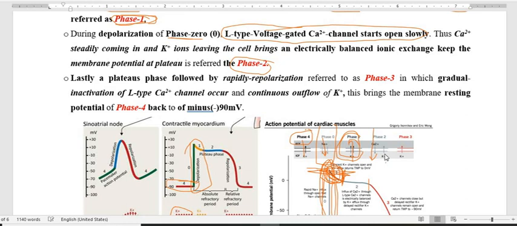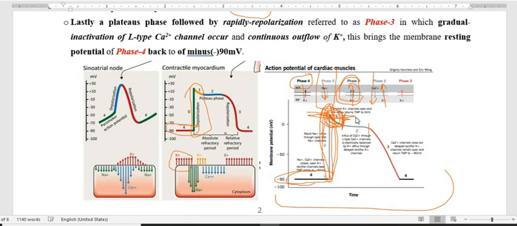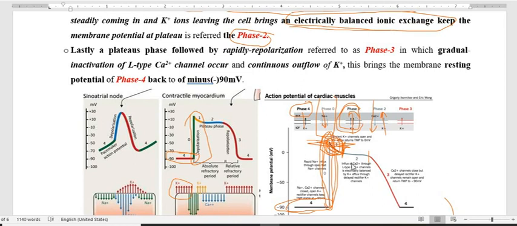Simultaneously potassium ion is also escaping out, which gives rise to the ionic balance. So electrically balanced ion exchange occurs, and therefore there is no further dip in the membrane potential, and this gives a flat type of membrane potential, which we call the plateau.